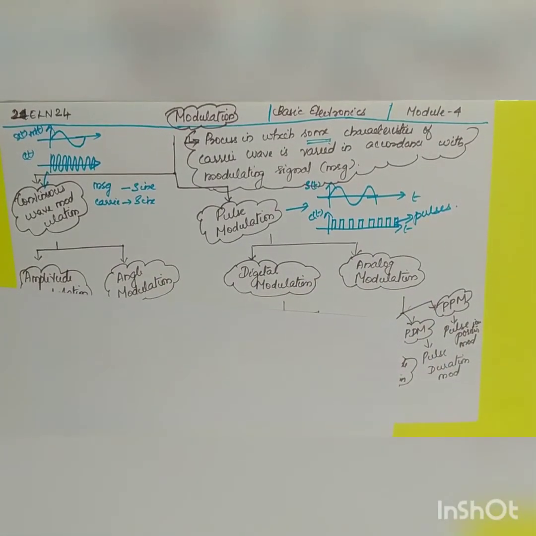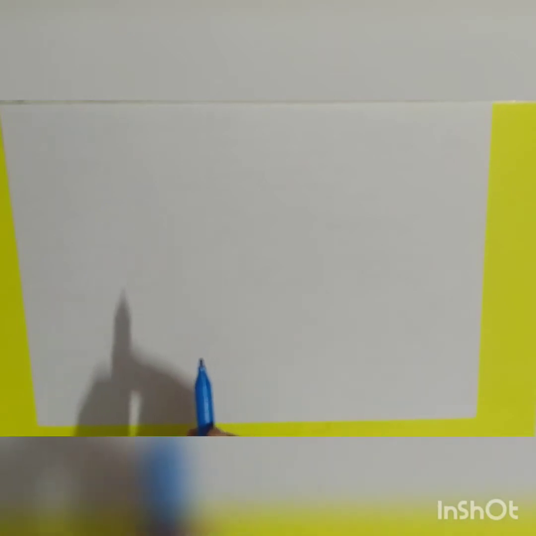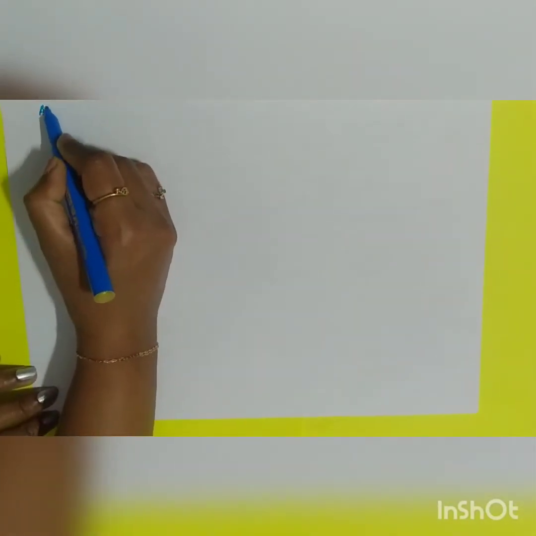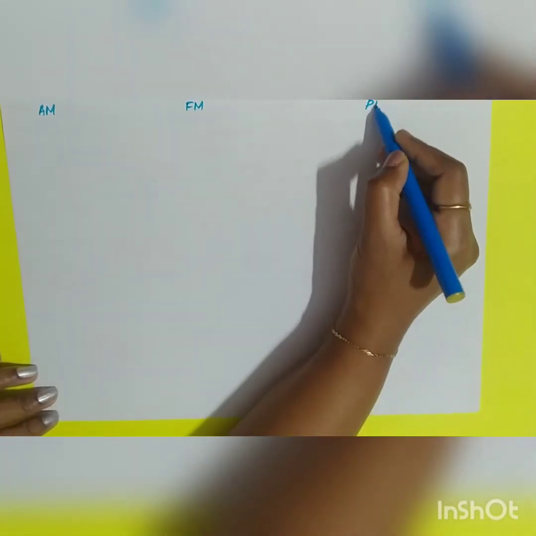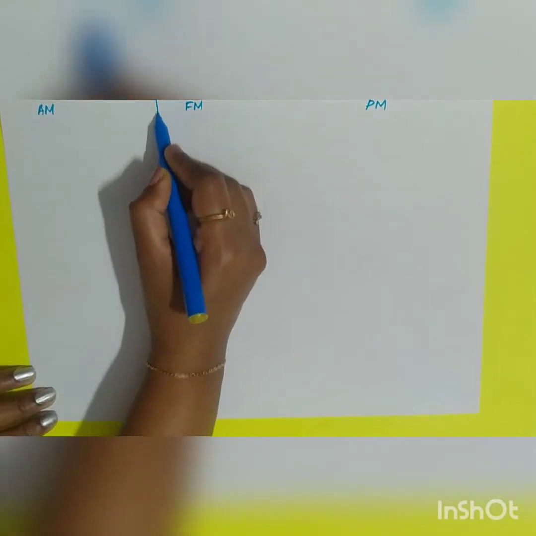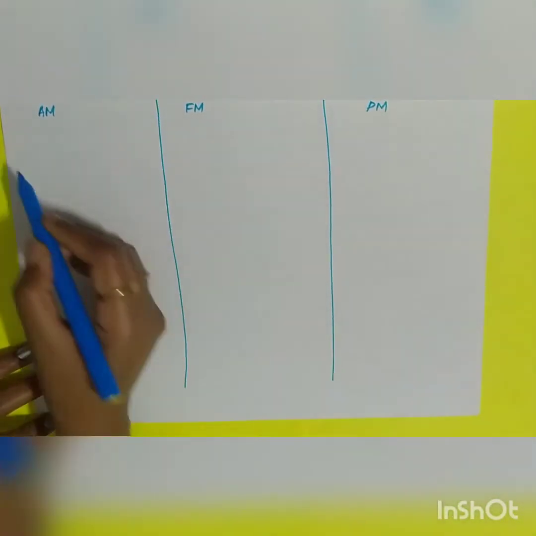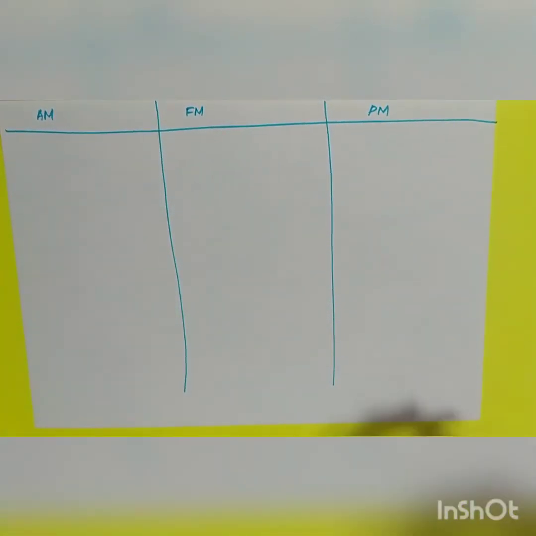Then it gives you the definition of your particular modulation, amplitude modulation. So what is meant by amplitude modulation? So if I can make AM, FM and PM, three tables. Okay, so this will be your amplitude modulation, frequency modulation and phase modulation. So what can be called as your amplitude modulation?